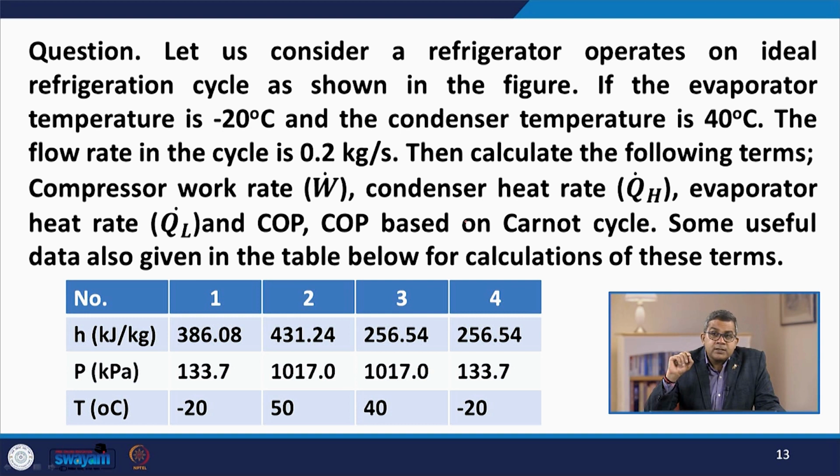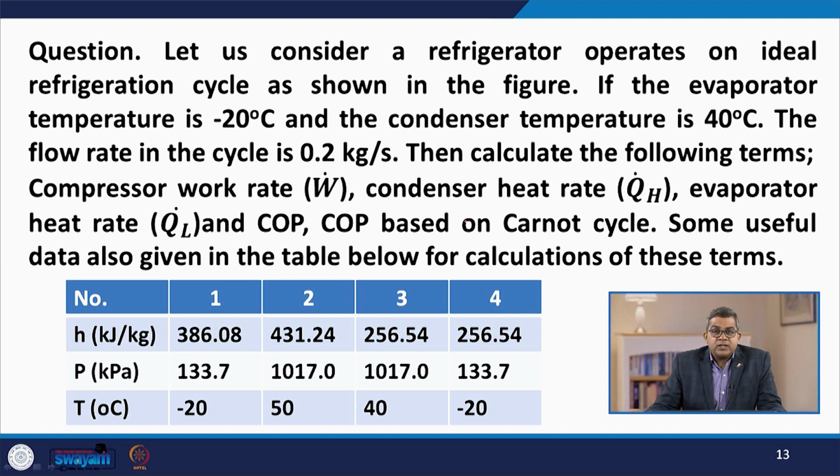For convenience, we have given some useful data for the calculation: the different states 1, 2, 3, 4, the enthalpy in kilojoule per kilogram, the pressure in kilopascal, and the temperature in degrees Celsius. As you know, for the refrigeration cycle we need to have 4 different stages, and for every stage we have given the required data.